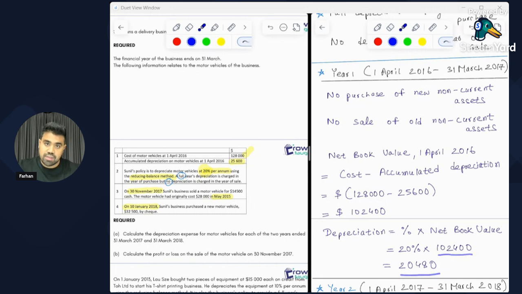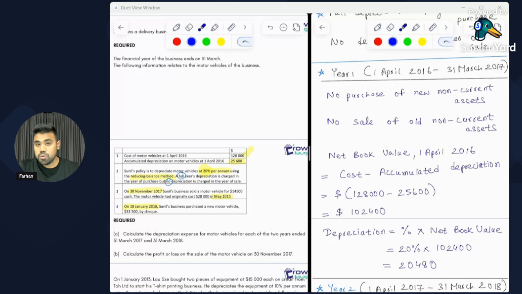So that's it. That's it for the total depreciation expense that we calculate for the first year ending 31 March 2017, given that in the first year we have not bought any new motor vehicles, nor have we disposed or sold any old motor vehicles, all right? Now let's move to year 2.